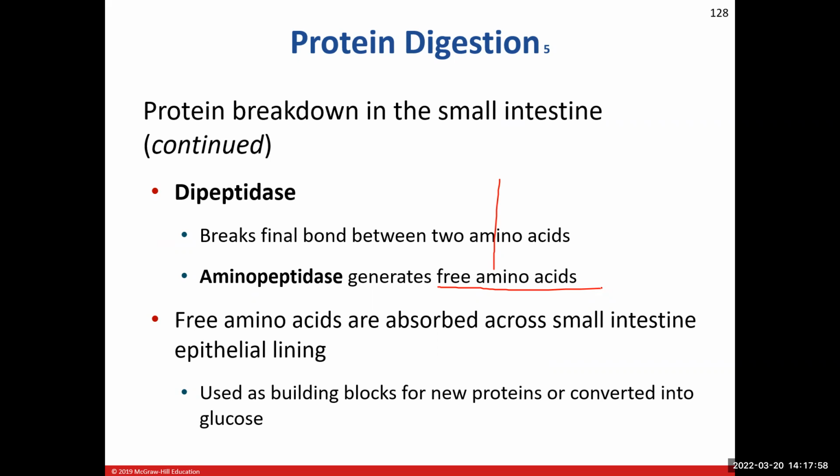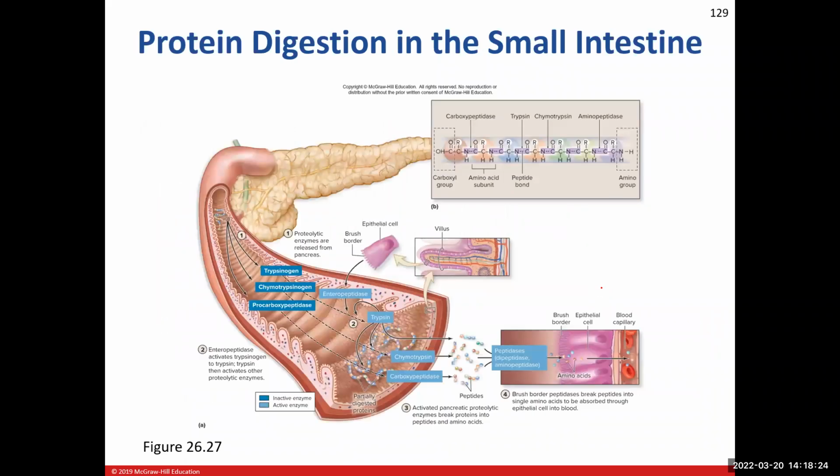Now we have those individual amino acids, then they can be absorbed across the epithelial tissue of the small intestine, and then we can get those amino acids either into circulation, or the cell can use those amino acids because maybe those cells are like, hey, I have been meaning to do some improvements inside here, and I need to replace some of these older proteins. So those cells can actually use some of those amino acids for repair inside of themselves.